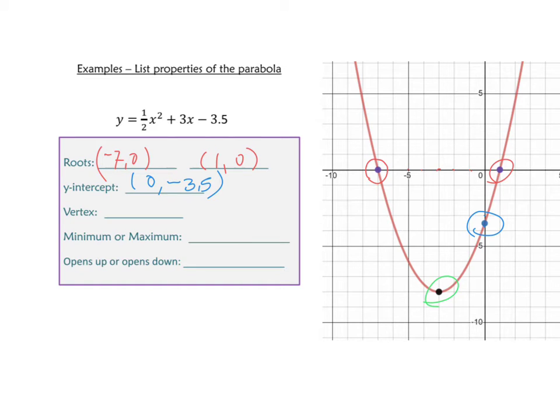So we are at negative 3 and 6, 7, 8, negative 8. Our vertex is negative 3, negative 8. So it's at the very bottom, makes that a minimum. If it's a minimum, that means it opens up.